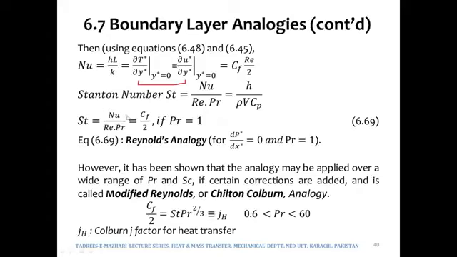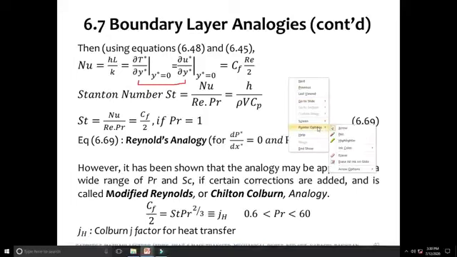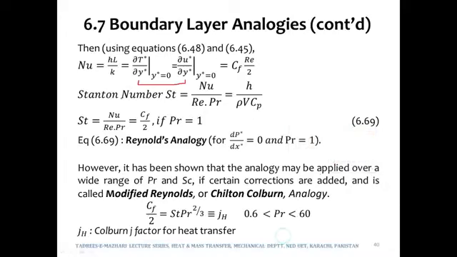Now Stanton number, which is a ratio of Nusselt to Reynolds Prandtl as per this definition, would be equal to Cf by 2 if Prandtl number is equal to 1. How? From here.